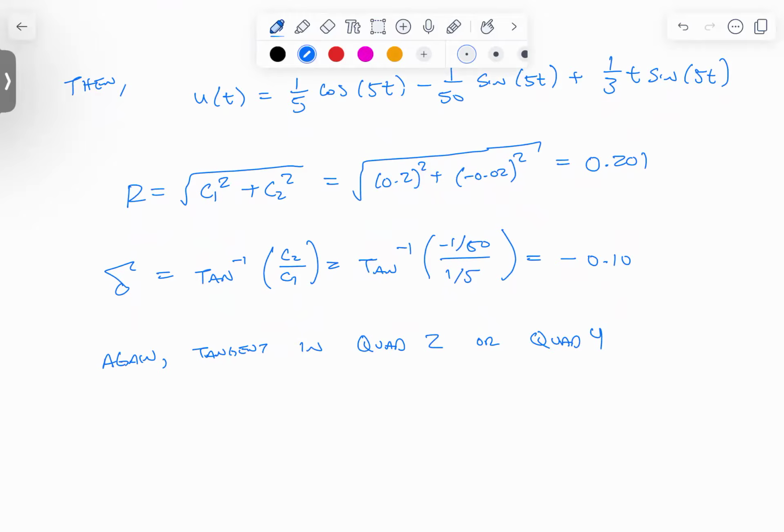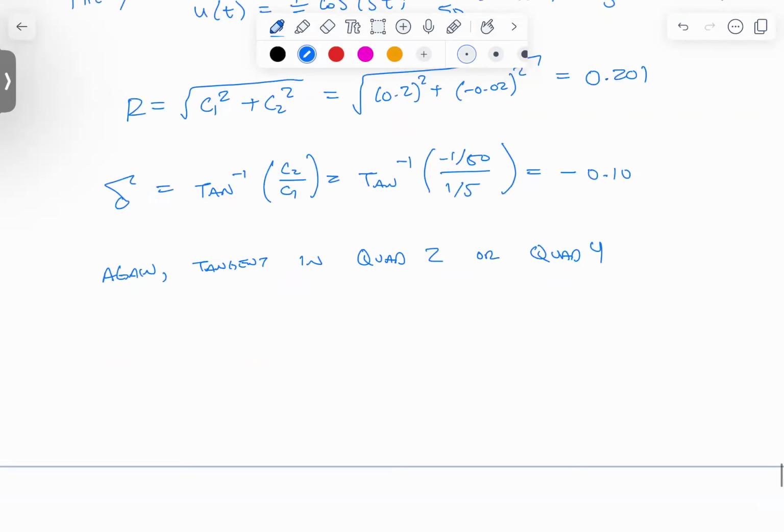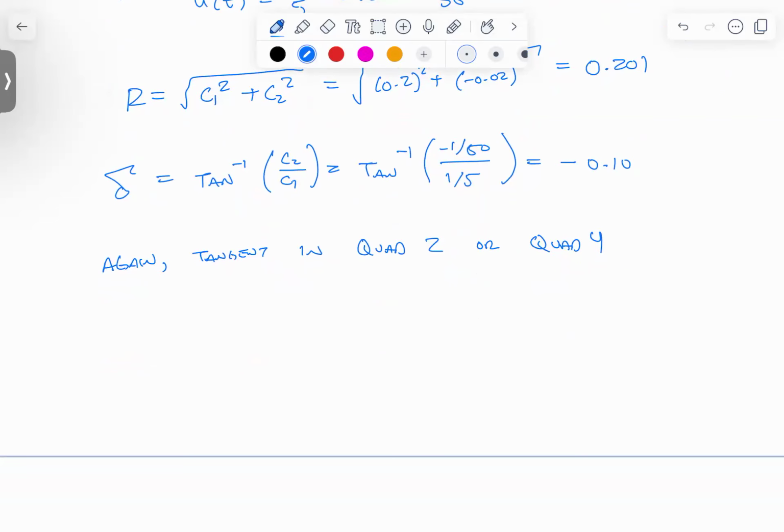So when I solve that, delta is negative, which means tangent's in 2 or 4. Again, you have the same issue if tangent is positive because it's in 1 or 3, so you still need to do the same check to identify which quadrant you are in.